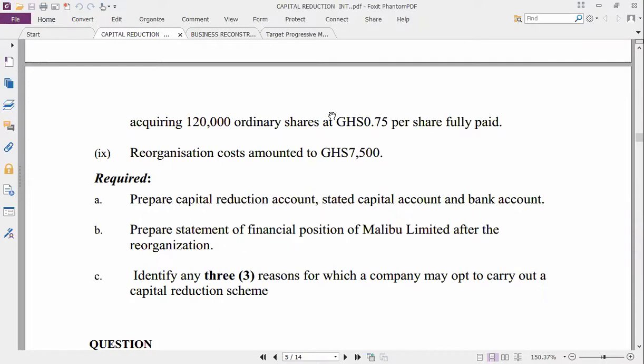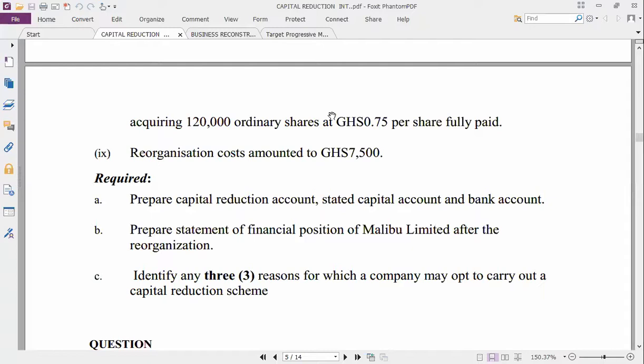However, if that 90,000 is not there, then we have to show the workings to tell the examiner how you get the 90,000. We can even multiply this. I think he brought it to confuse us, in case we multiply the 90,000 by the 0.75 instead of the 120,000.